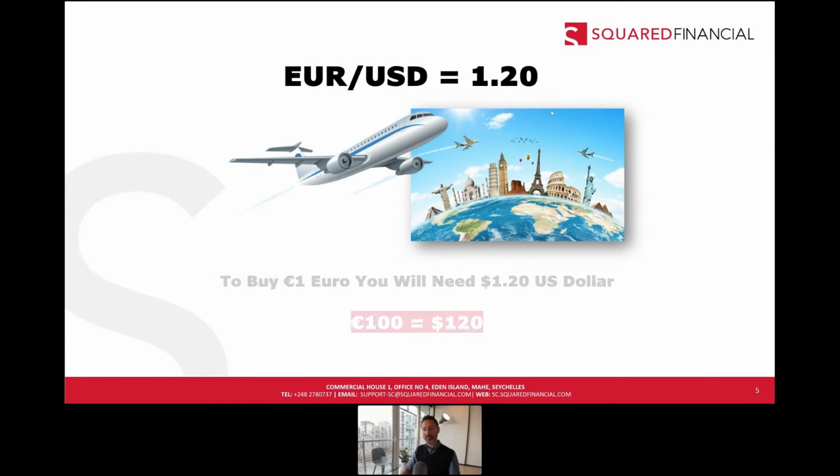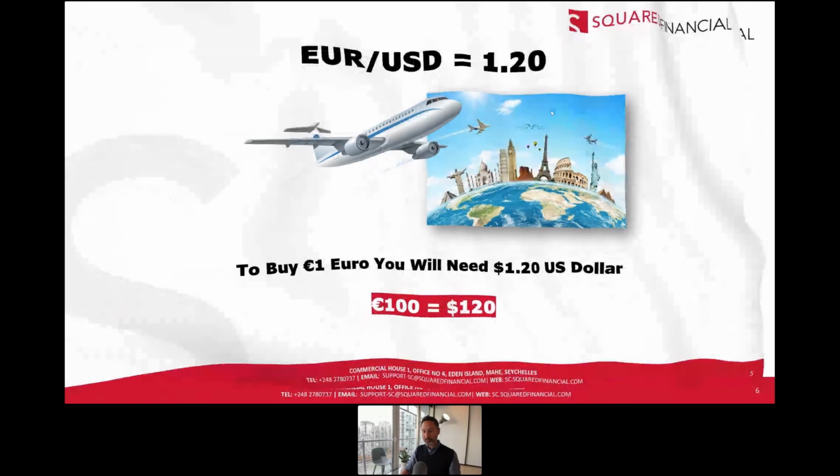So that's the rate. What does it mean? It means that to buy 1 euro, you will need $1.20. Okay, that's what it means. So let's say you need 100 euros in cash. So you will need $120 to give to the exchange office and to buy that 100 euros.